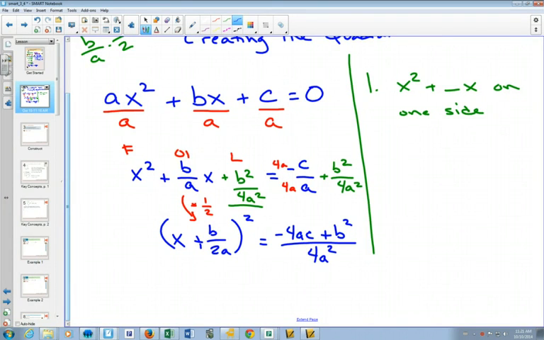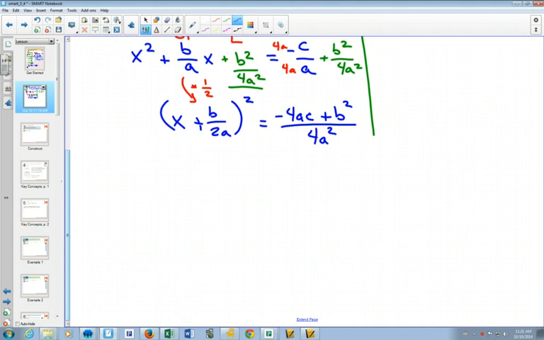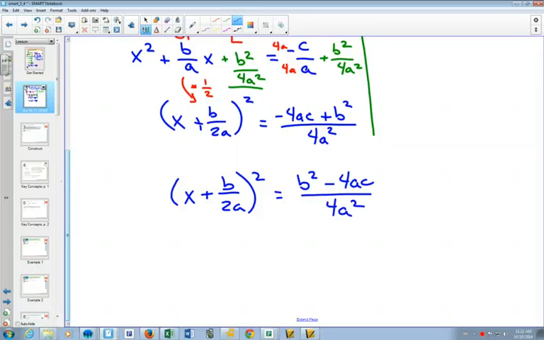Now one thing when you're doing this on your test, you're going to have the answer. You're going to have the quadratic formula already. And one thing you're going to notice is that in the formula, they rearrange this to do the b squared first minus 4ac. Can you see that that's the same thing, just changing the order of the top two things when we're adding? I put the b squared first instead of the minus 4ac.